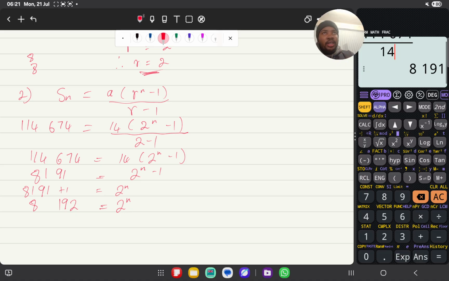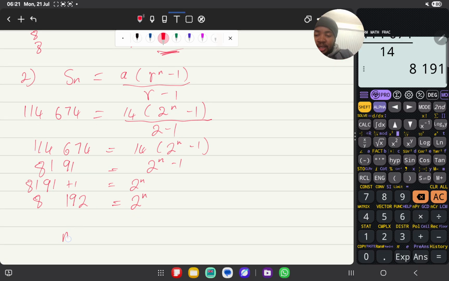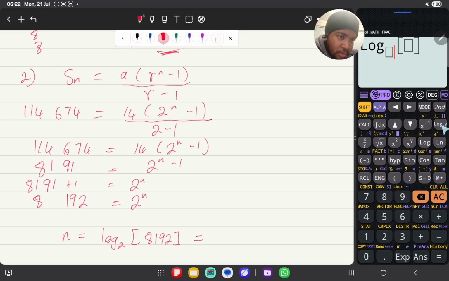I don't know the order in which you are following, it might be different from my order, but if you have already done logarithmic rules, you would know that from here you can just say n equals log base 2 of 8,192, which is exactly 13. This is of course if you've done the log rules.